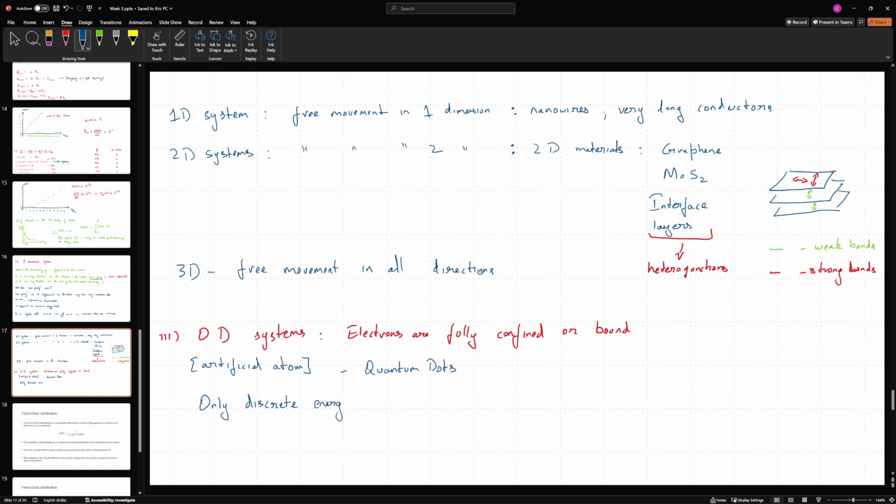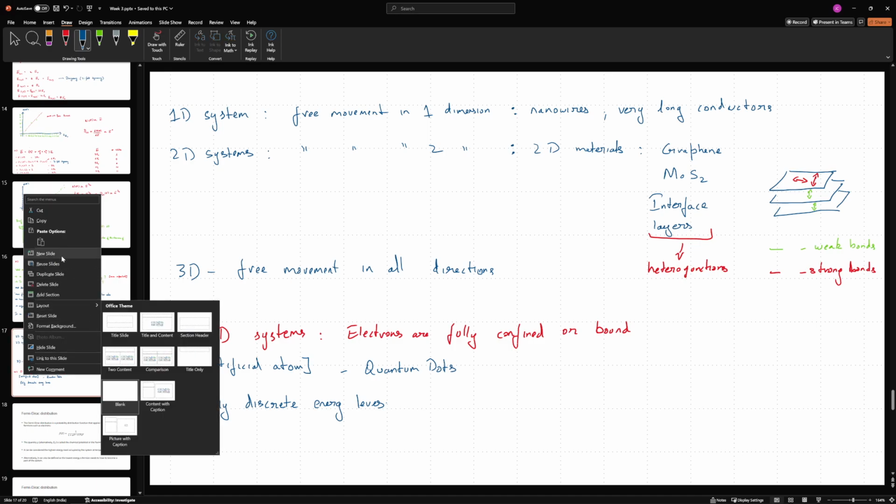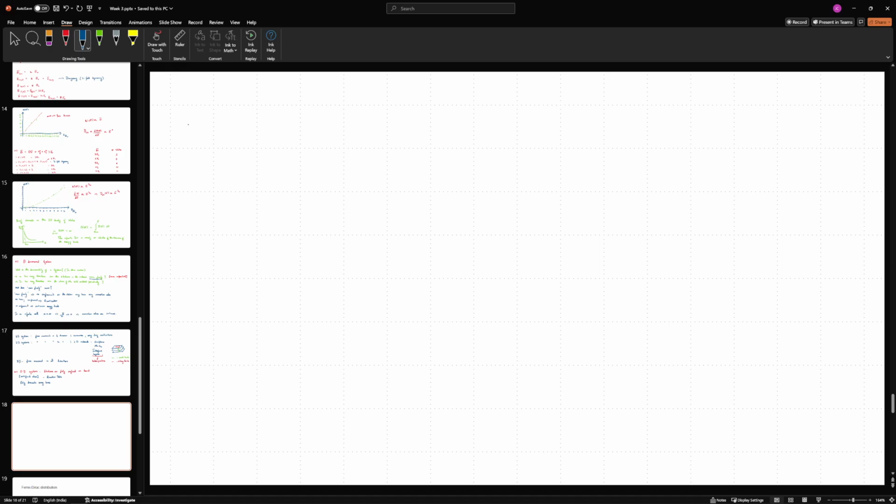Okay, so now let us try to plot the N of E. Coming back to the question that we started off with, what is N of E for a 0D system?